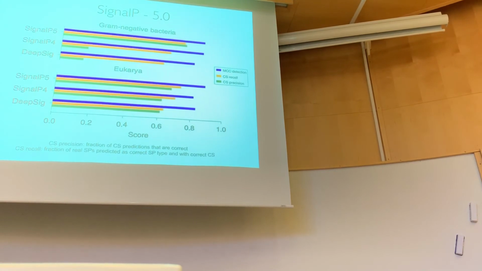But overall, you get correctly predicted signal peptides with correctly predicted cleavage sites in about, let's say, 80% or so of the cases for bacterial signal peptides.